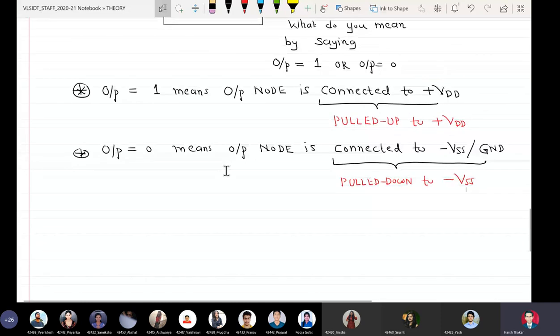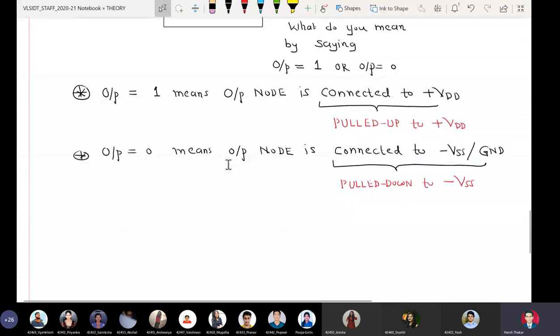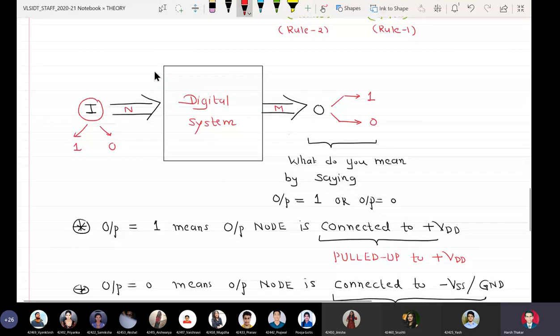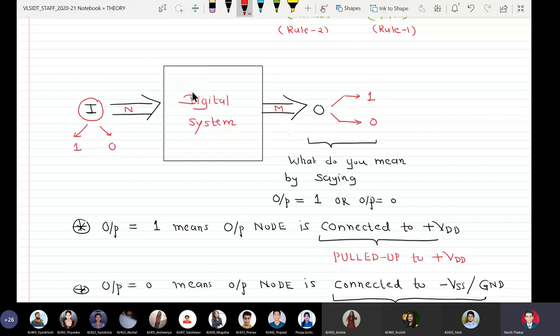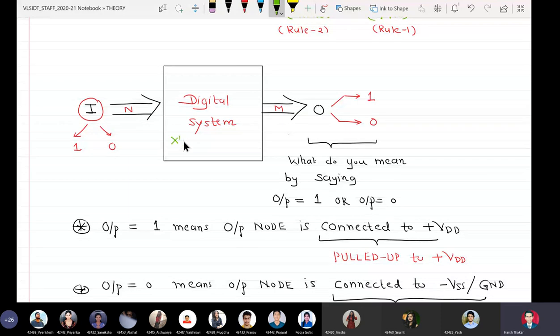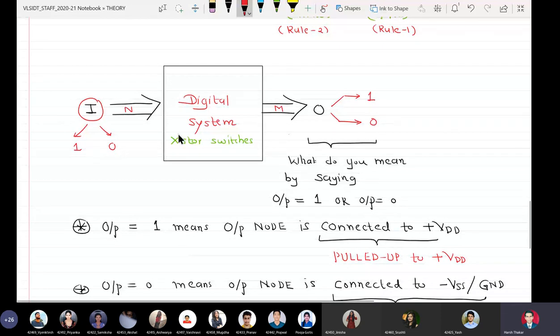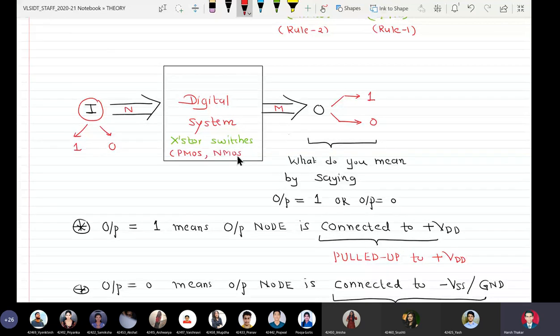Okay, now we know that a digital system consists of only switches. So this black box will contain transistor switches, and we know that these switches can either be a PMOS switch or an NMOS switch.